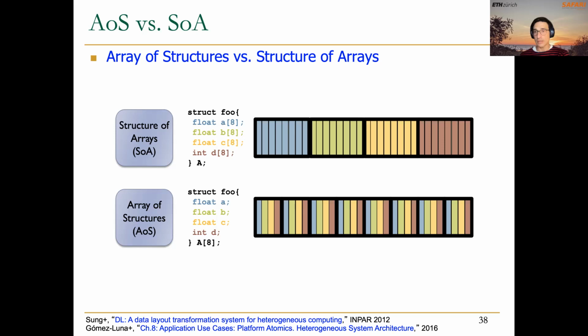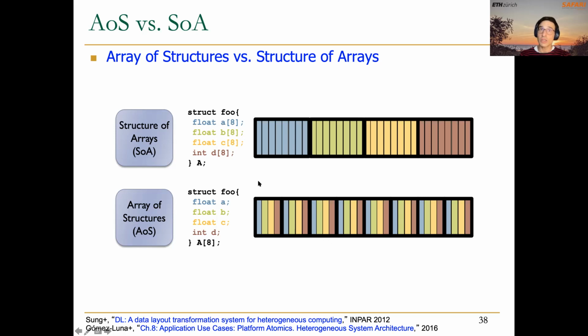However, if you think about a CPU, it might be the other way around. Because the CPU will likely execute in a serial manner the whole computation for all these tuples here, and then the whole computation for all these tuples here, and then this tuple here, and so on.